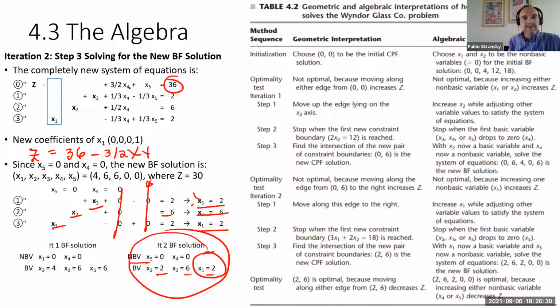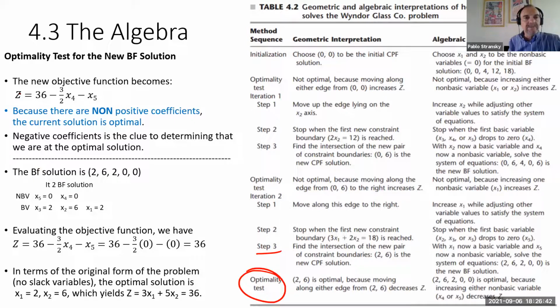And what do we got? Here we also have a plus, so it becomes x4, this is a 4, minus x5. Okay, and that's the equation that we got here as the new objective function.